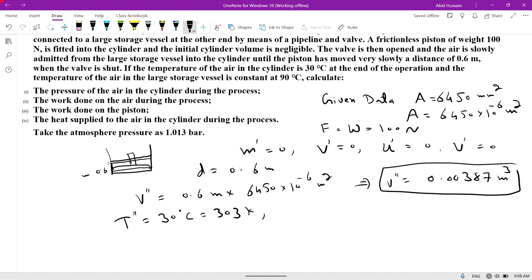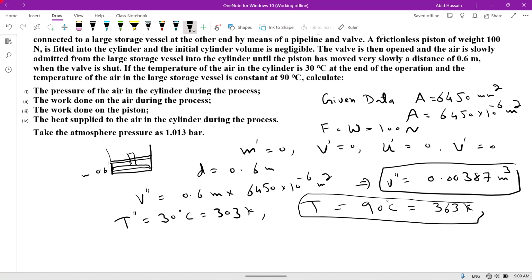And the temperature of the air in the large storage vessel, I name this T. T is equal to 90 degrees centigrade, and 90 plus 273 is equal to 363 Kelvin. This is the temperature of the large storage tank which supplies the air.